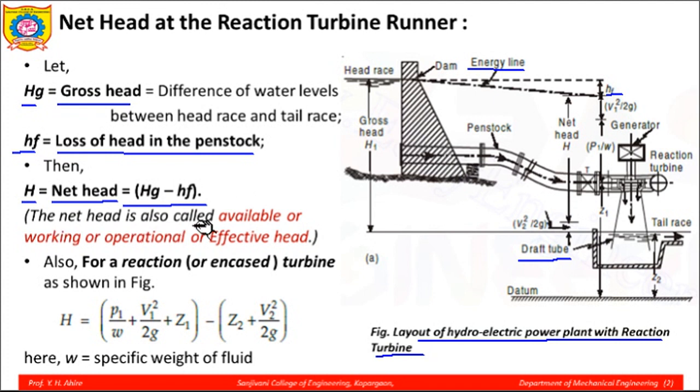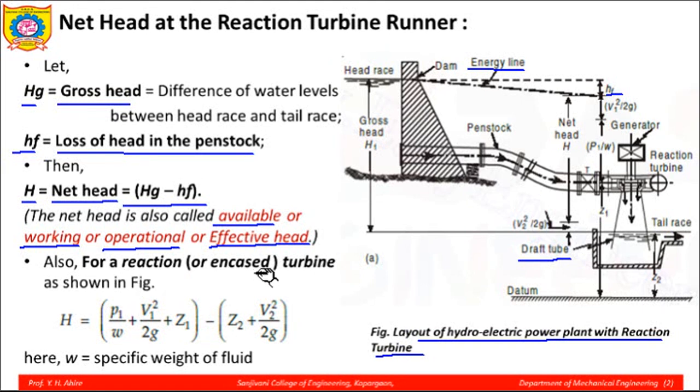The net head is also called available head or working head or operational head, or it is simply known as effective head for the turbine. These are multiple names for the net head. It is the available head, the working head, the operational head or effective head over the turbine.